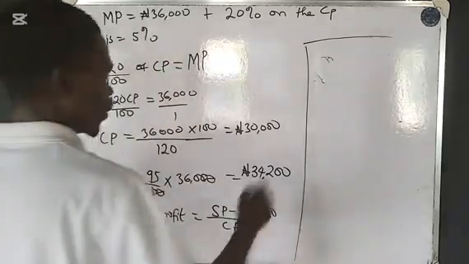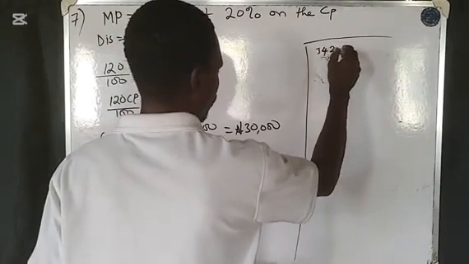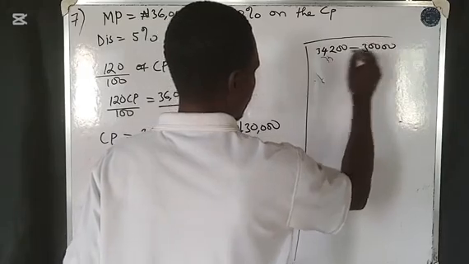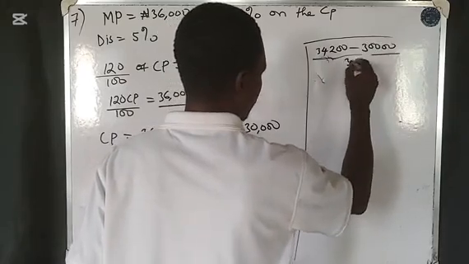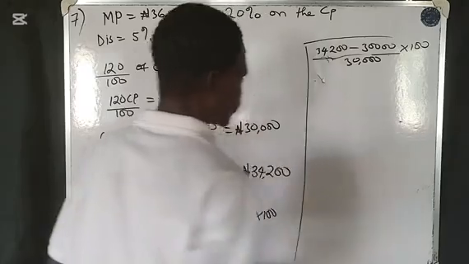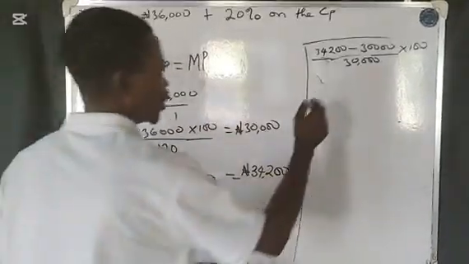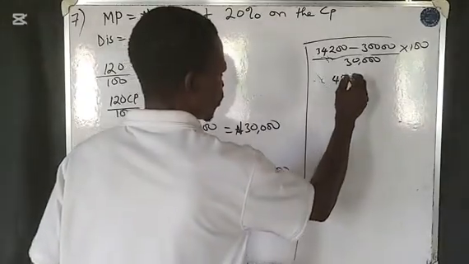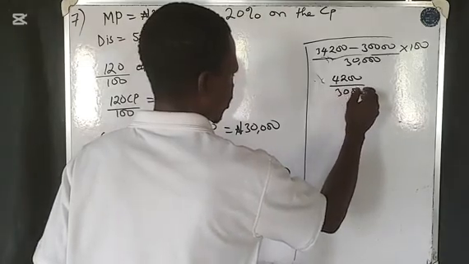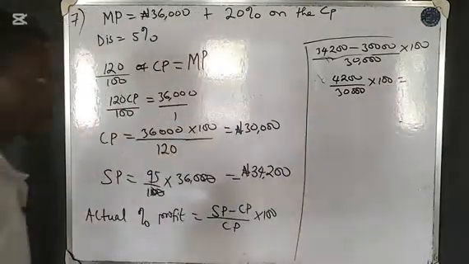So let's write it first. 34,200 minus 30,000 over cost price times what? 100. And the difference, as you said, is 4,200, right? 4,200 over 30,000 times 100. What do you have?